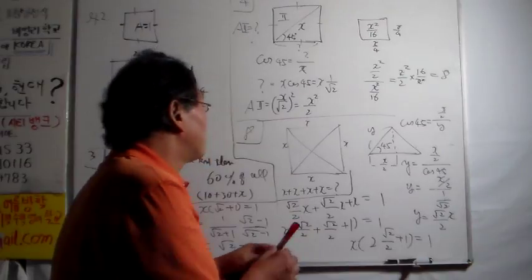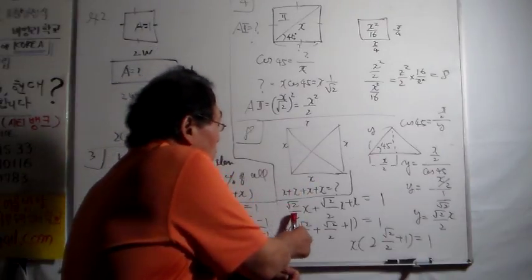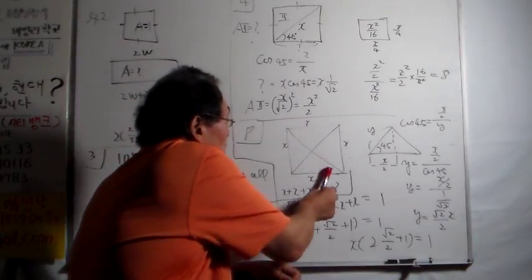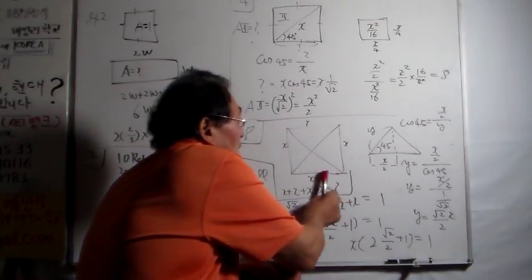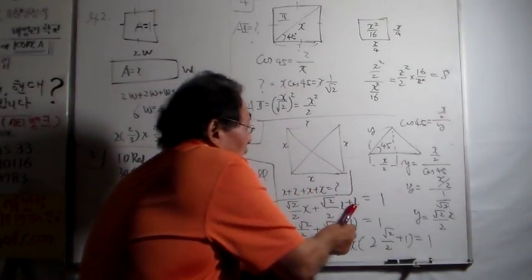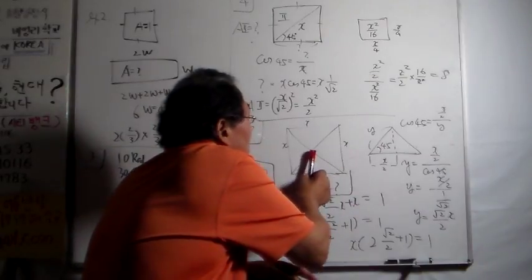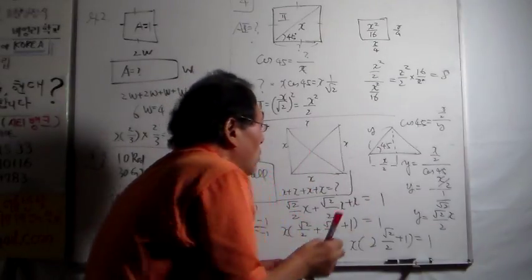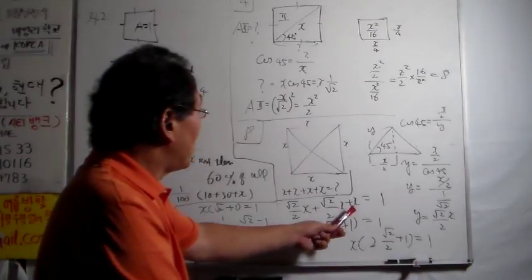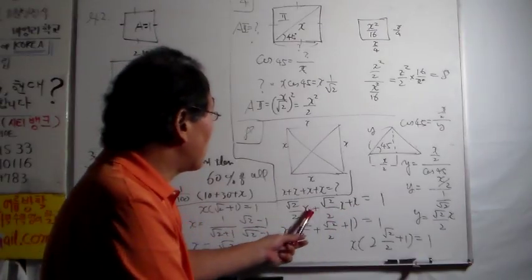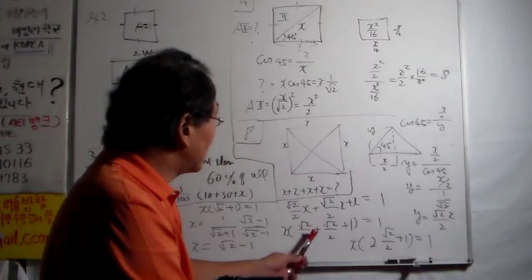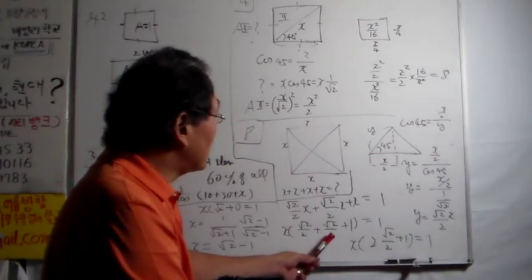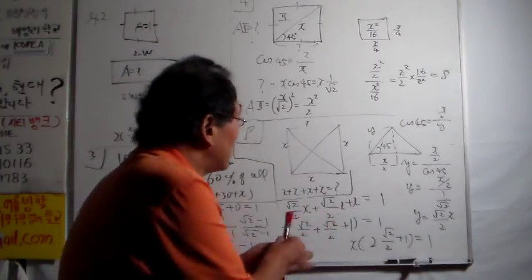So this length is root 2 over 2 x, plus this length which is the same as this, and this is x. The perimeter is 1, so it equals 1. From there we pull out the common factor x. What is left over is root 2 over 2 plus root 2 over 2, and this one has an invisible 1.